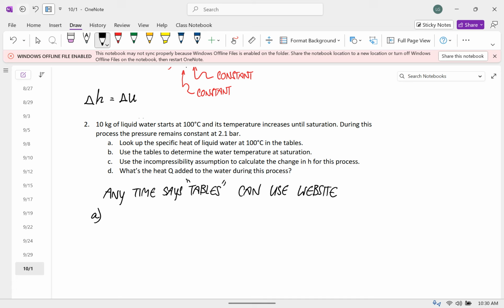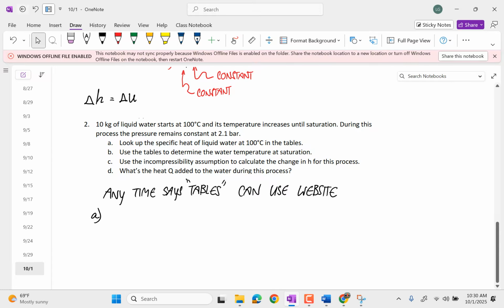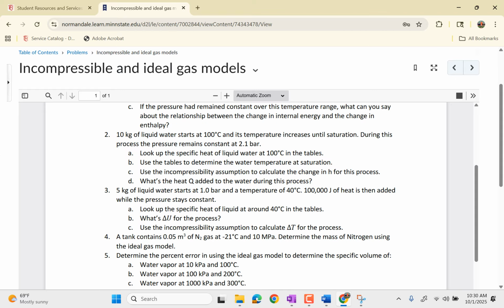Okay, so specific heat of liquid water. This one you have to get in the table. So let's find this.